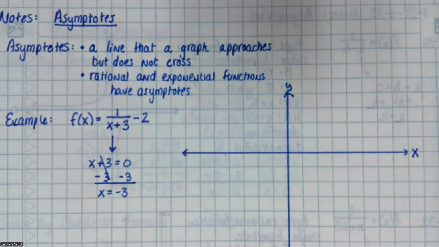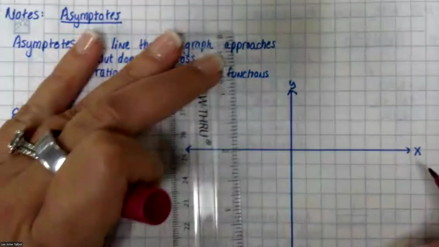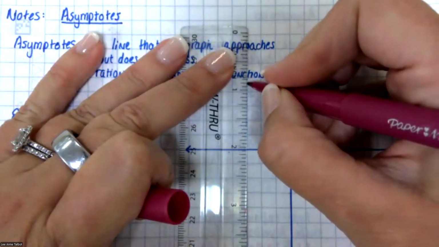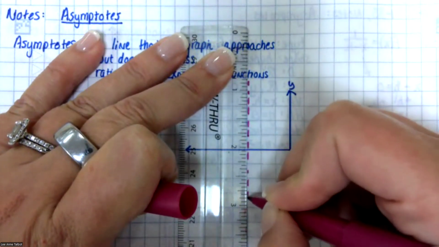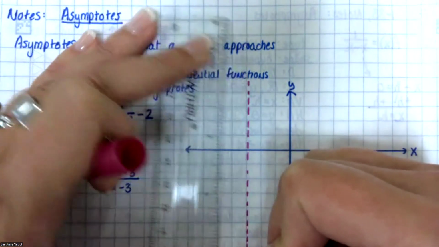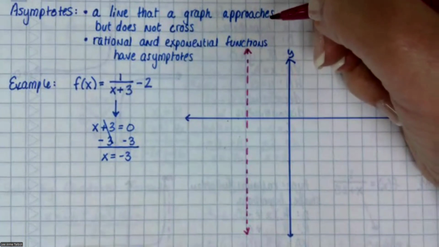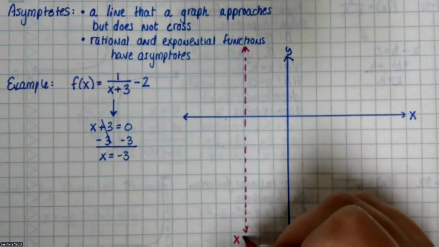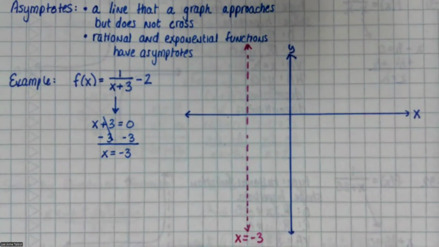And then I'm going to take my straight edge and go to -3. And label.